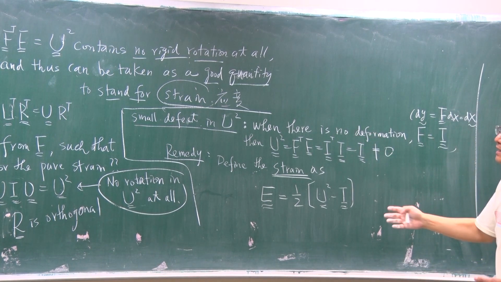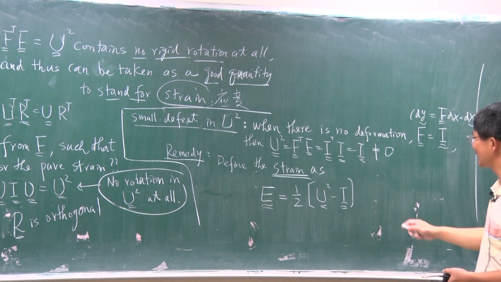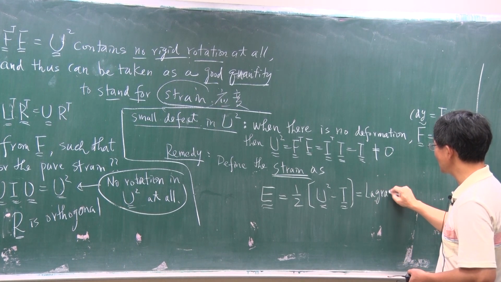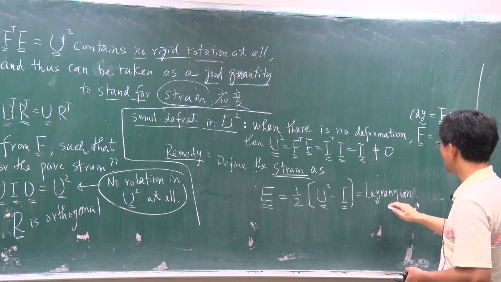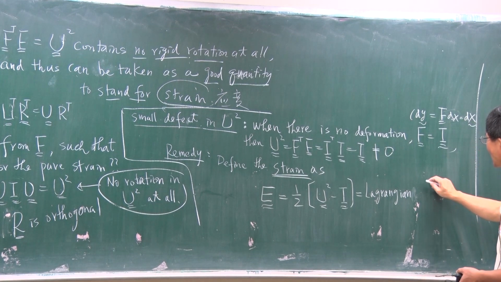Okay. So this is the strain we want. This is the Lagrangian, a big name, Lagrange, 拉格朗日，对不对？当然是很伟大的名字哈。Lagrangian strain, okay.